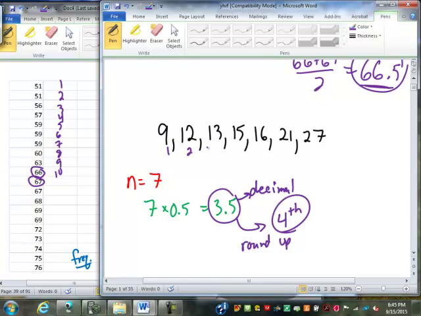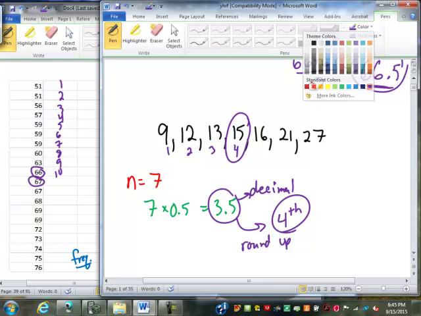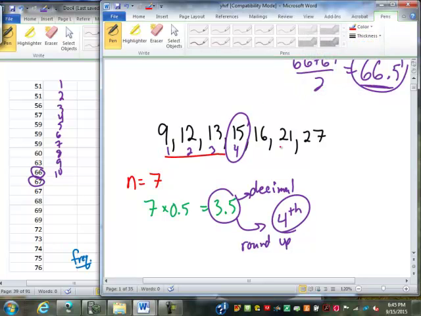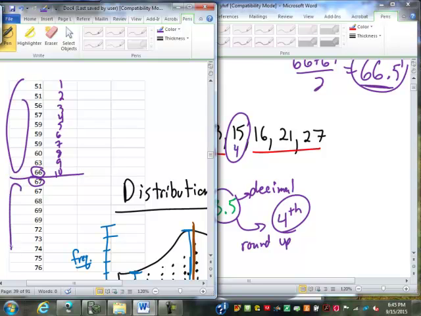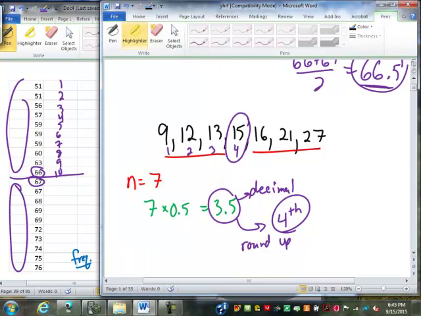So 1, 2, 3, 4. That would be the 15. You will notice that the median cuts the data in half. Half of the data is smaller than the median, half the data is larger than the median. Same over here. The median was right here. It cut the data in half. 10 numbers smaller, 10 numbers larger. So let's do some examples of just finding the position.